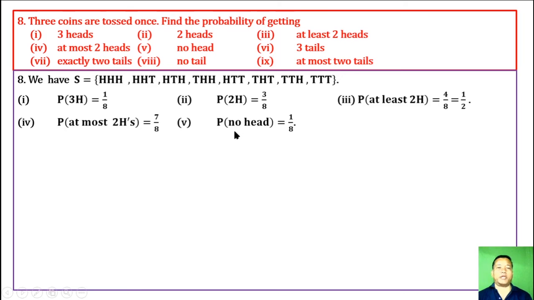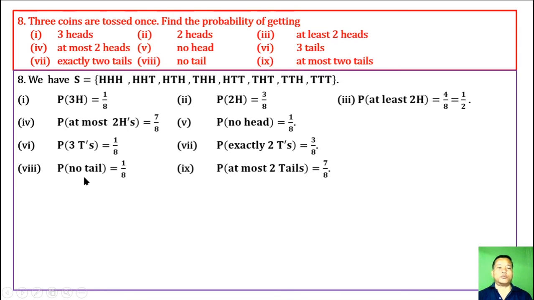P of no head, that is 3 tails, is 1 by 8. P of 3 tails is 1 by 8. P of exactly 2 tails is 3 by 8.